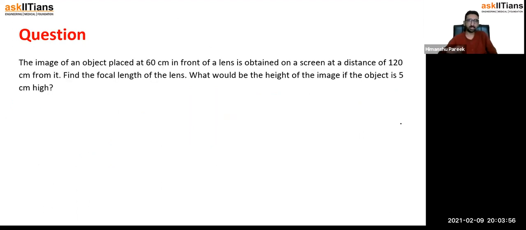Now going ahead with the next question. This question says the image of an object placed 60 centimeters in front of a lens is obtained on a screen at a distance of 125 centimeters from it. Suppose you have the lens here, and on the other side you have the screen.